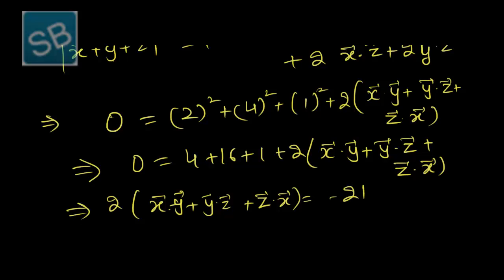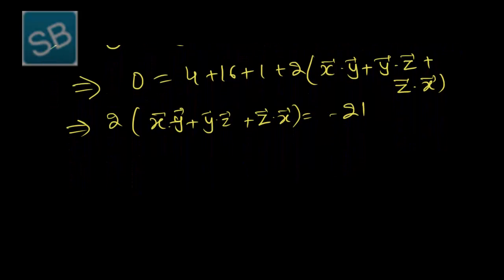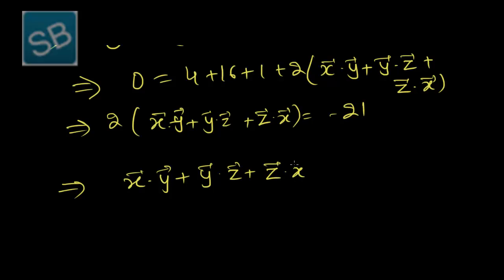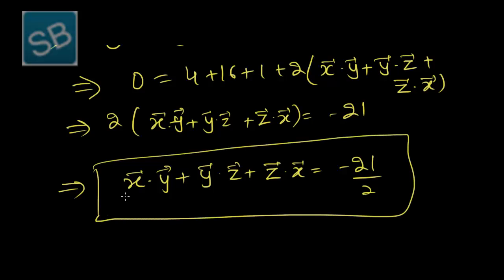So we get vector x dot y plus y dot z plus z dot x is equal to minus 21 by 2. That was our required answer.